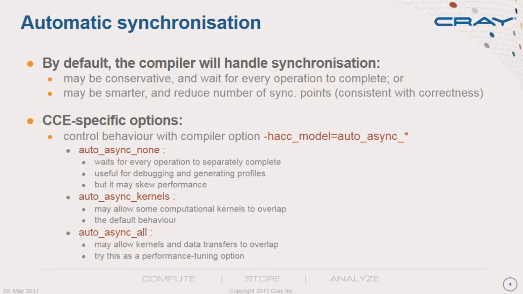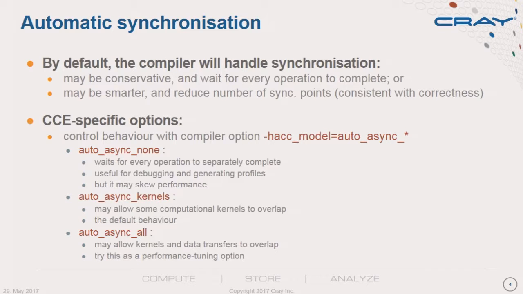By default, the compiler will handle this synchronization. But for CCE, you can change this behavior by using the compiler flag -h acc_model, auto_sync from none to maybe kernels or all, and then the synchronization is done also on a different level.